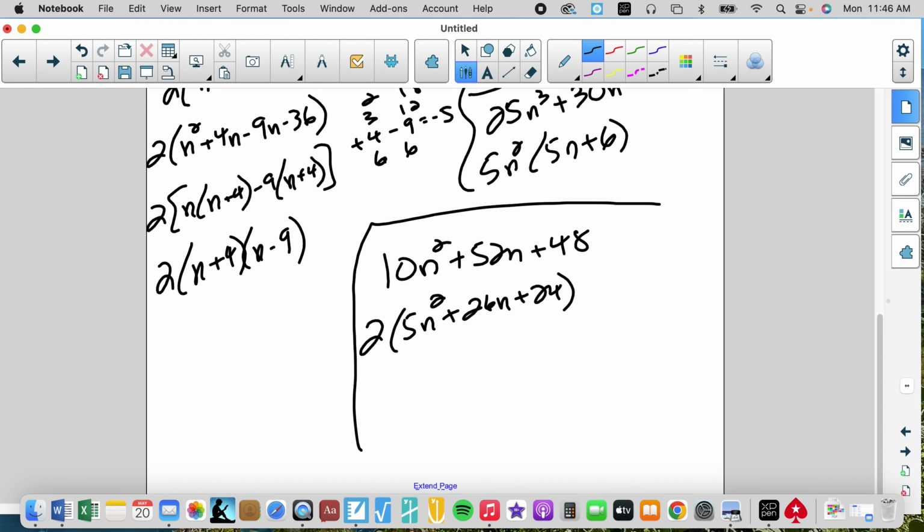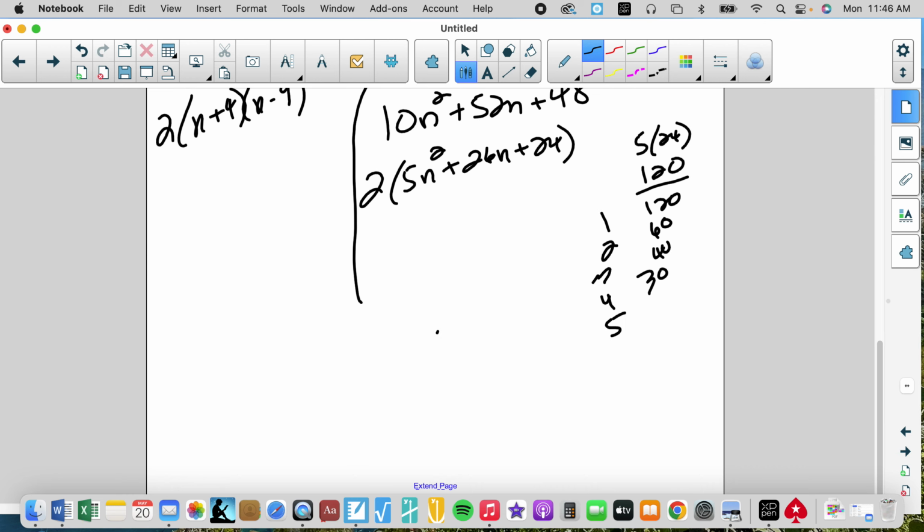That's not fun. 5 times 24 is 120. Factors of 120: 1 and 120, 2 and 60, 3 and 40, 4 and 30, 5 and 24, 6 and 20, 7, no, 8 and 15, 9, no, 10 and 12. Signs are the same. Both are positive to make 26 right there.